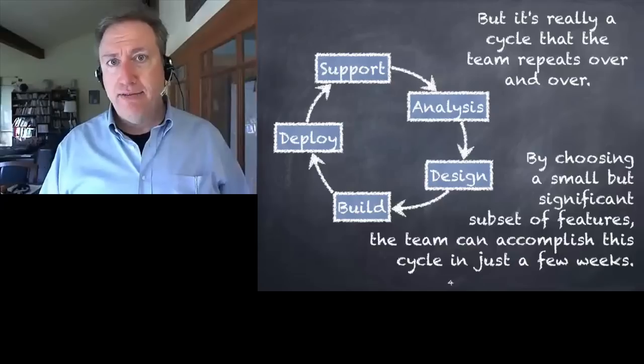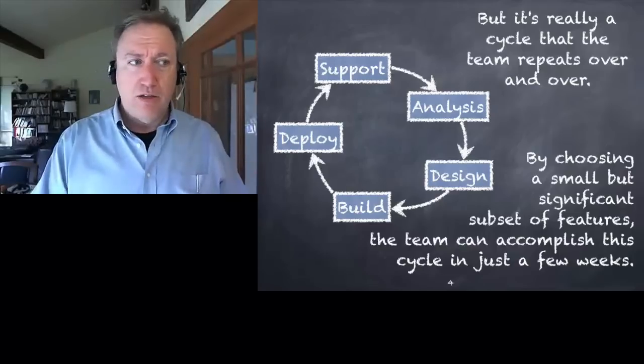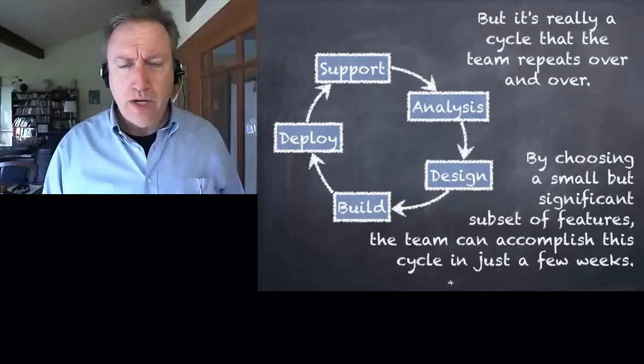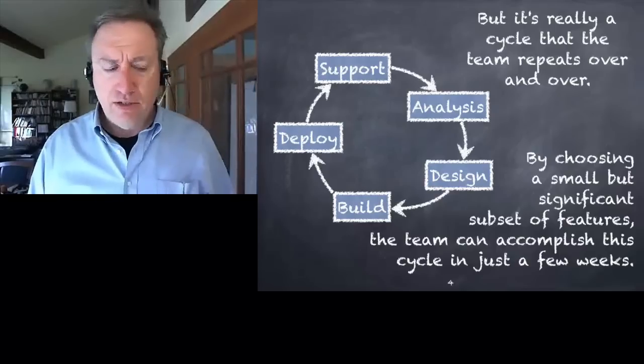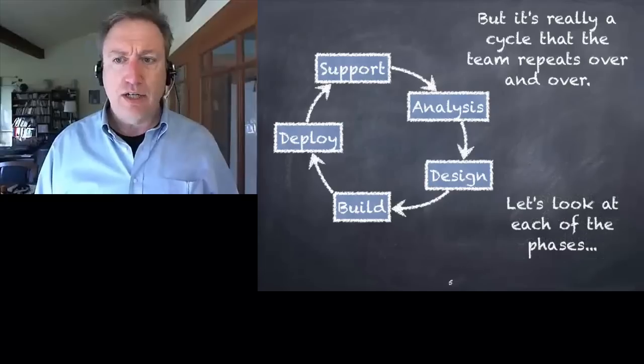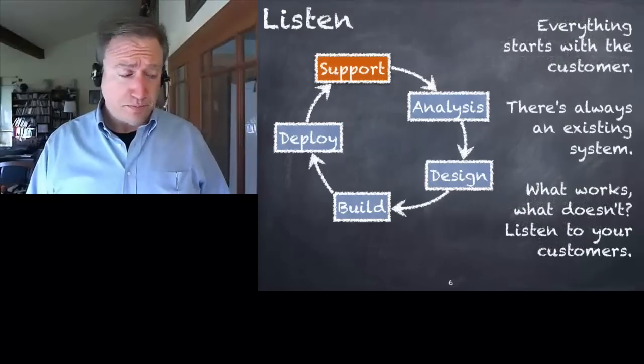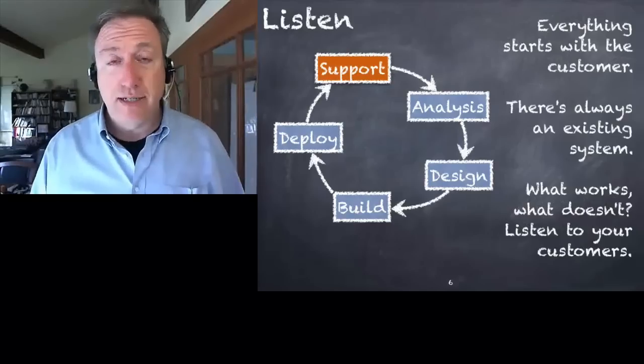Now, the kinds of activities you do in the cycle, whether it's an old-fashioned long cycle or one of these new cycles, the activities are the same. So let's take a look at each one of those phases. Now, first of all, usually there's an existing system.